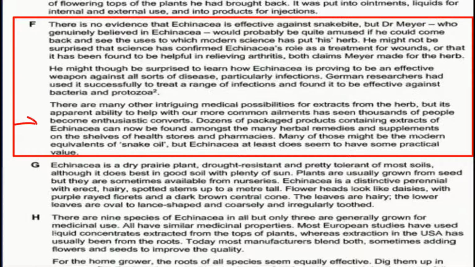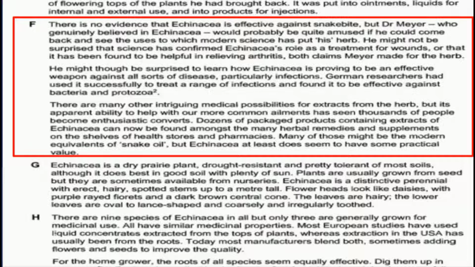If you also look at the next paragraph in that same section, it emphasizes the use of echinacea today, or in our modern times, because you can see there clearly that dozens of packaged products containing extract of echinacea can now be found on shelves, in stores, pharmacies.